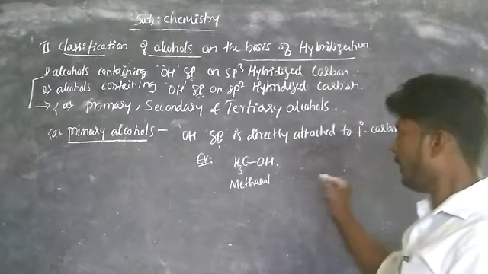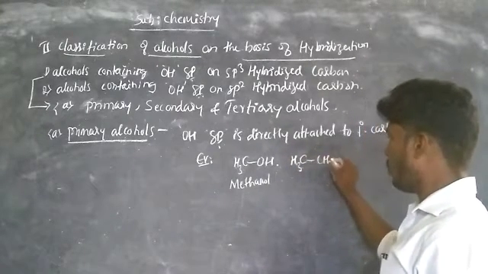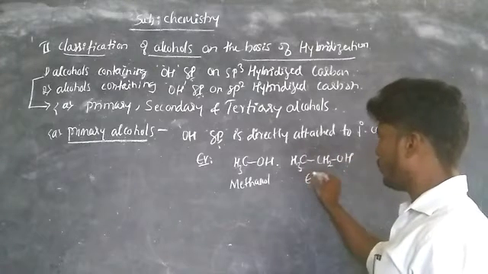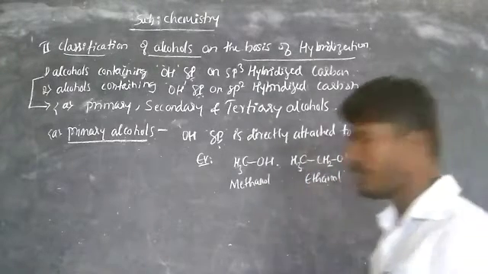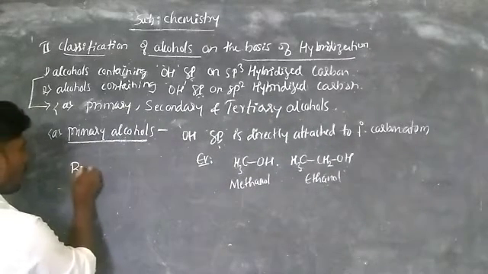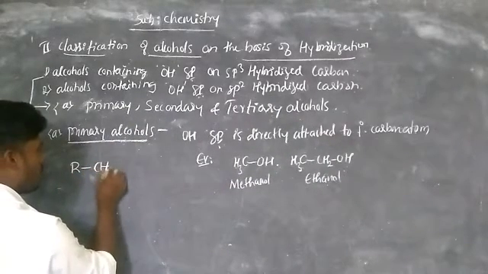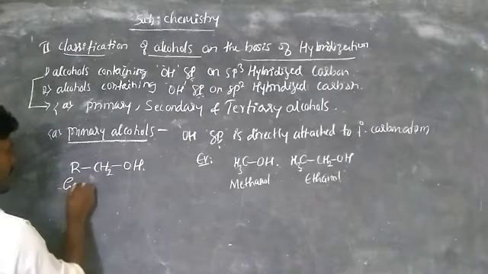Okay. Similarly, ethanol, CH3 CH2 bond OH, ethanol. So see here, the general representation of this primary alcohol is R bond CH2 bond OH. So this is the general representation.